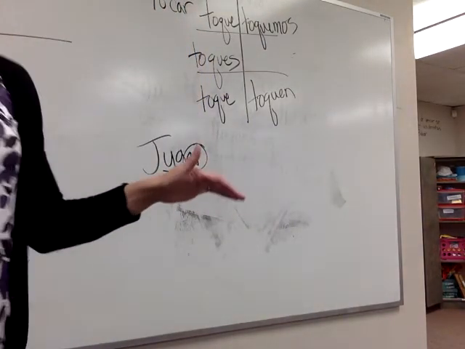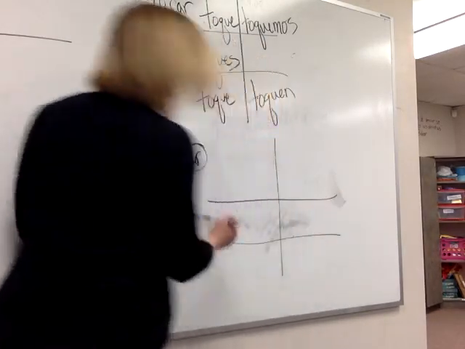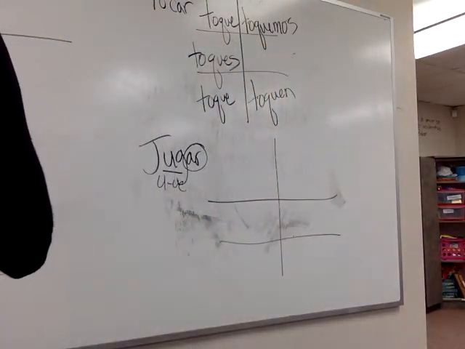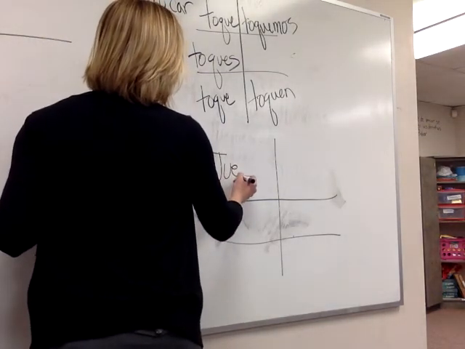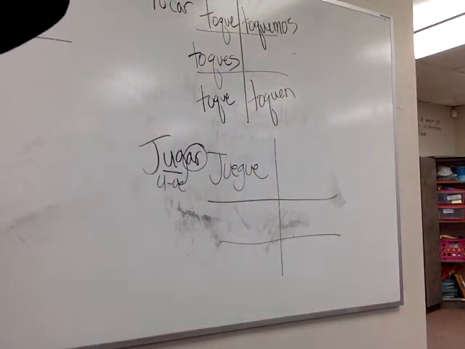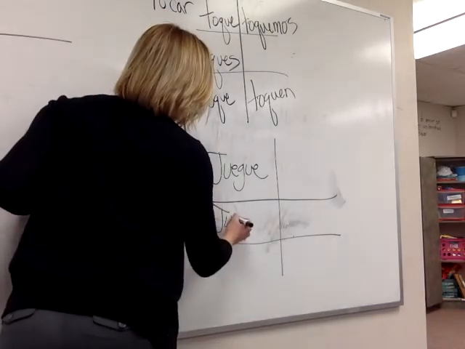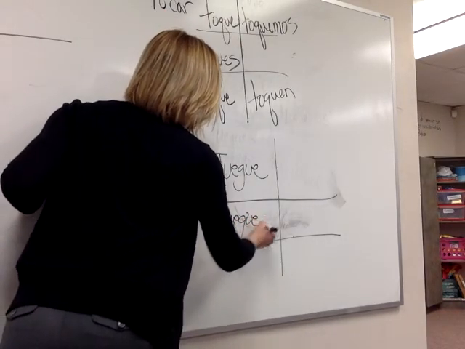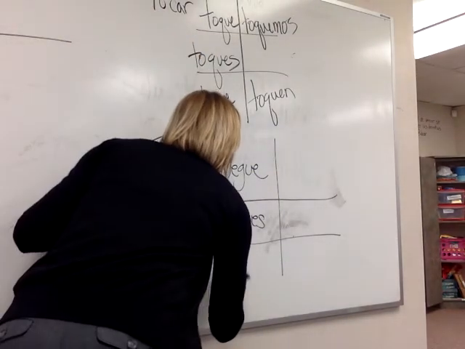So there's a lot of things going on in this verb. So if you wanted to say in the subjunctive, I play, how would I play sound? Juegue. It's got both. You play would become juegues. He or she plays would become juegue.